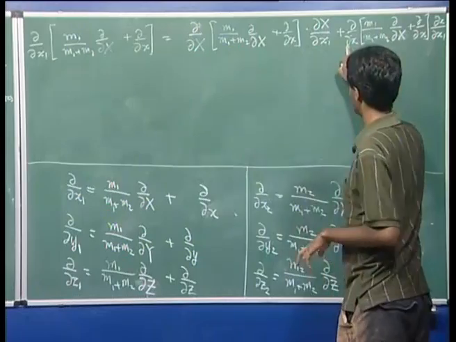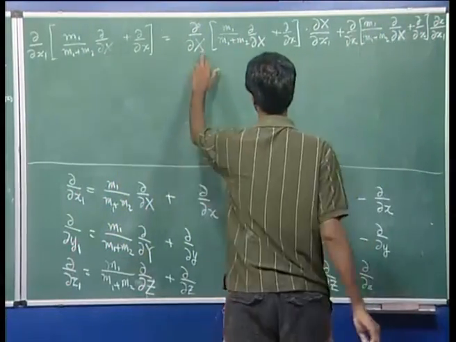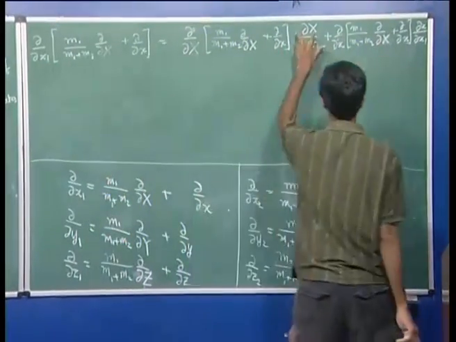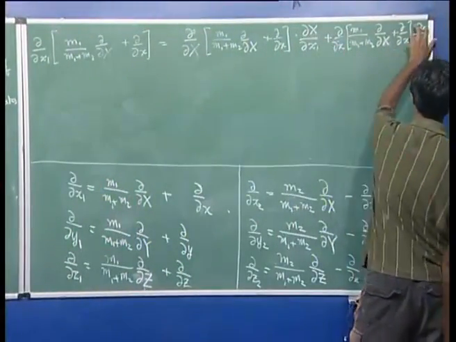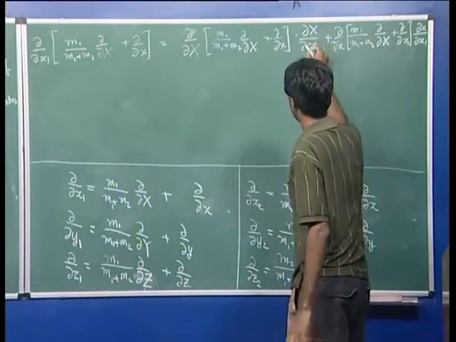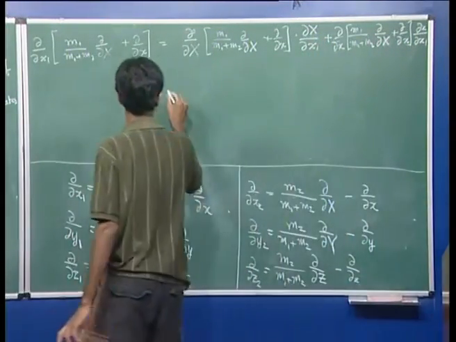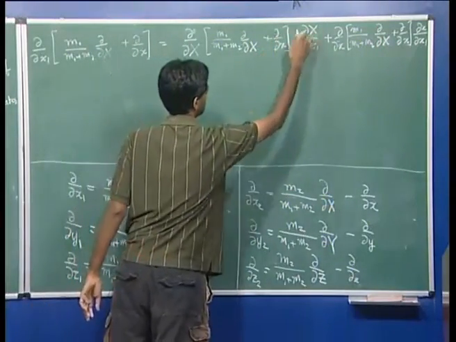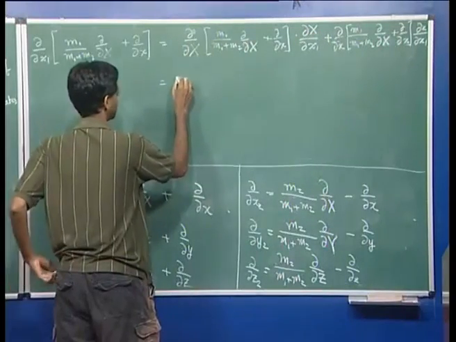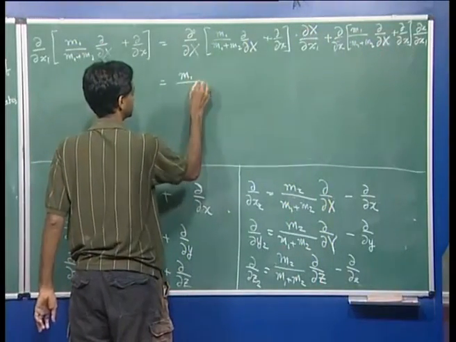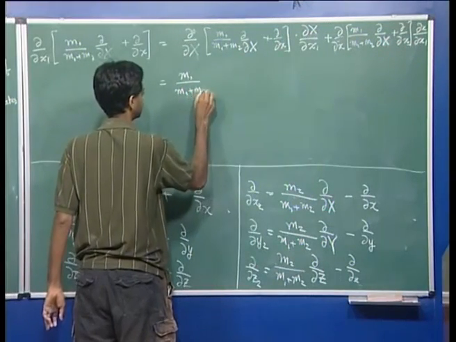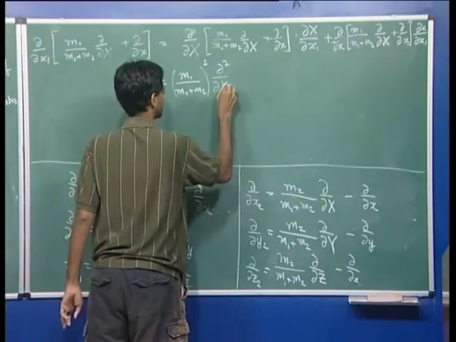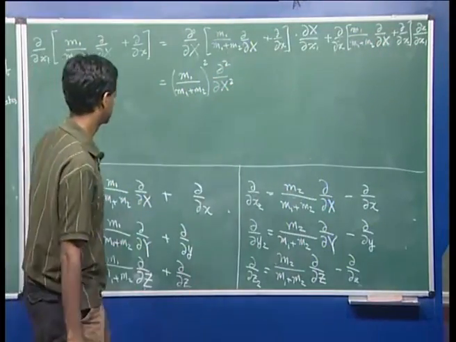So I am using the chain rule again for partial derivatives. d by dx1 I am writing as d by d capital X into d capital X by dx1 plus d by d small x into d small x by dx1, and you already know these values. I can substitute for this, and I won't go into the details, but you can show that this is equal to m1 over m1 plus m2 squared dou squared by dou capital X squared.